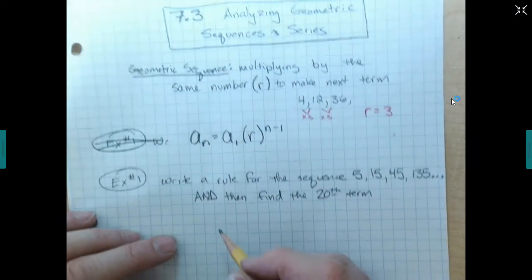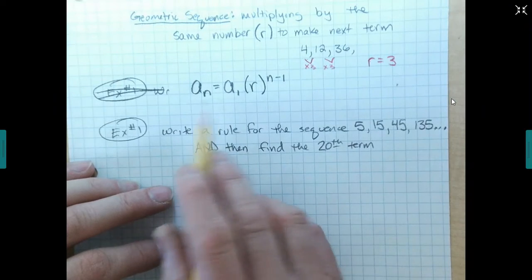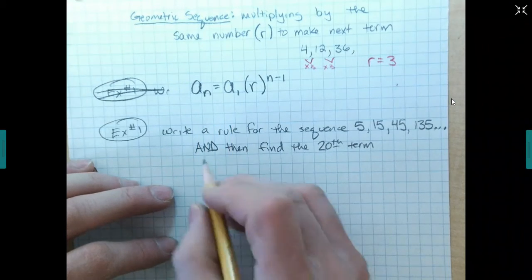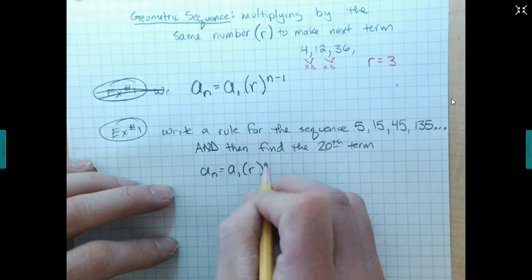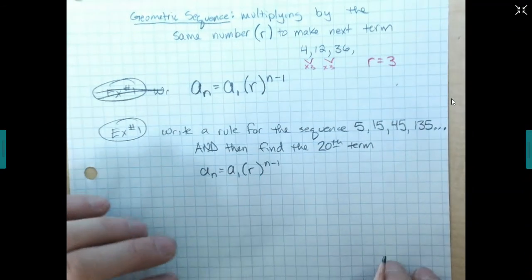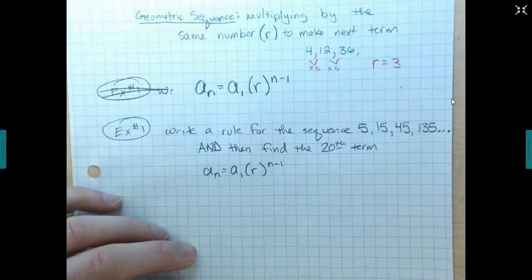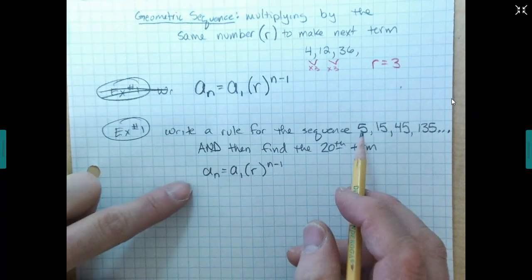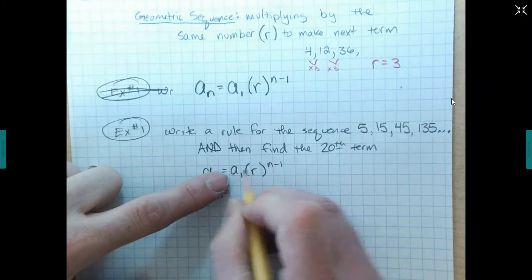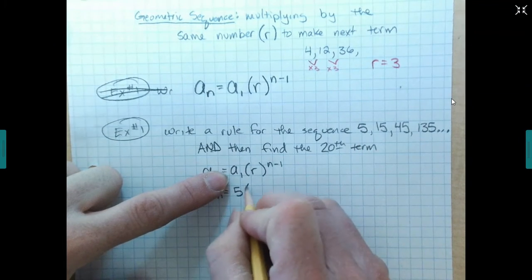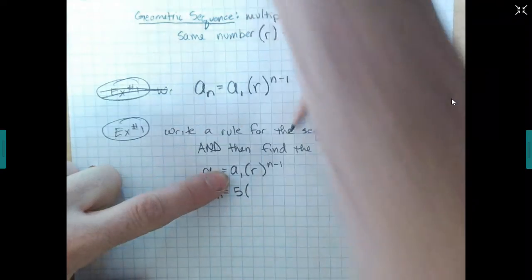Okay, so the first thing I'm going to put up here is our geometric sequence formula: a_n equals our first value times our rate to n minus 1. Let's plug our numbers in. a_n equals our first value, which is 5, times our rate. What's our rate?